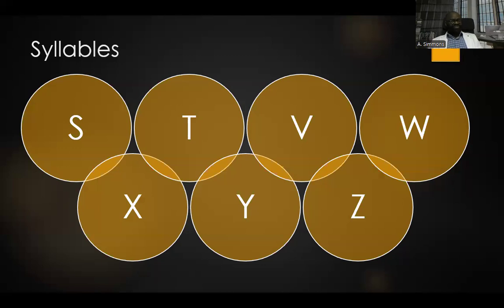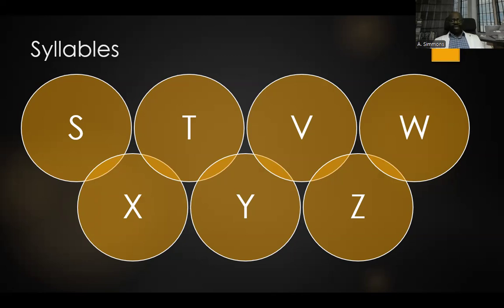The W, I'm not sure if you want to see that at all. Some places you're going to see the W, but a lot of places you won't. But just for practice's sake, wa, we, wi, wo, wu. The W is just not used that much, but it's there.